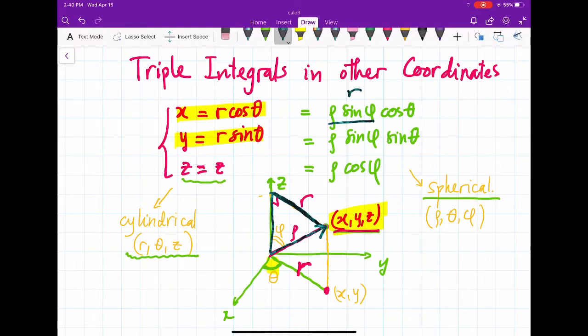So you just translate everything to rho, phi, and theta. R is rho sine phi. How about z? Z is right here, right? So z is rho cosine phi. And the triple rho, theta, phi are called spherical coordinates of this point.